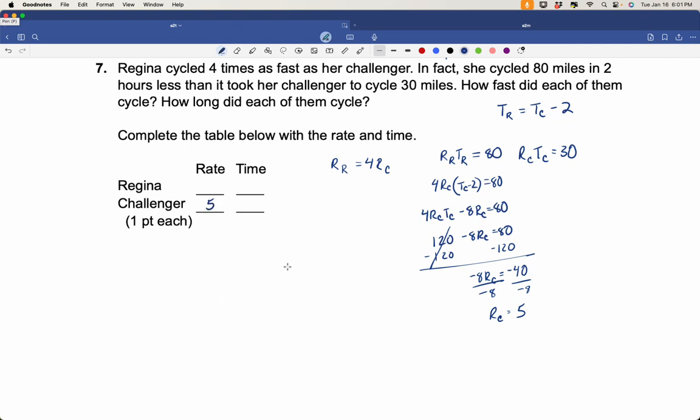That was the speed. Well, if the rate of the challenger is 5, then 4 times 5 means Regina's rate is 20. That helps me to solve for Regina's time by saying 20 times TR is equal to 80. I'm just going above this. And if I divide both sides by 20, then TR is equal to 4.